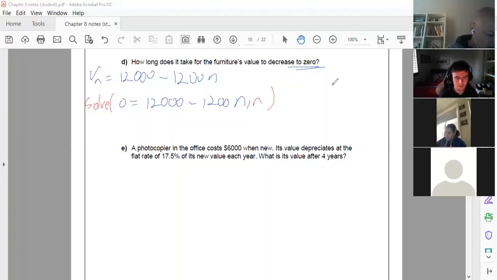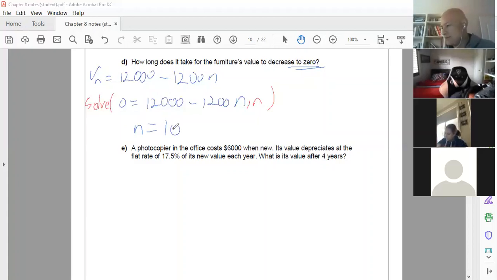N, comma, N, and I get, no, it helps if I put equal to 0. N equal to 10. Hopefully you guys got 10 years as well. Any questions on part D?